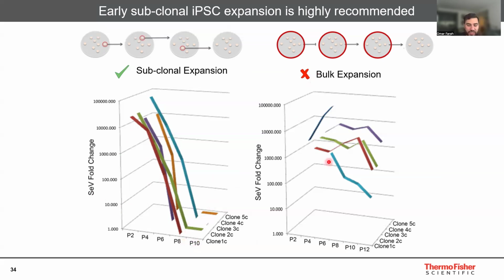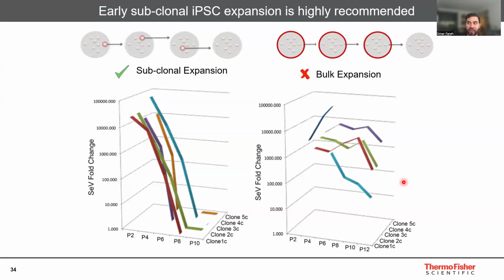Although this is somewhat true with the bulk expansion method, where you still see a continued loss of the viral vectors over time as you passage these cells after reprogramming, it tends to be at a much slower rate, right? And the reason I mention this is that in stem cell research, we like to work with lower passage cultures.